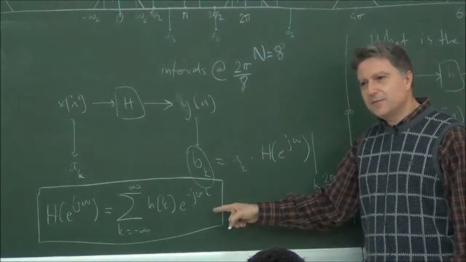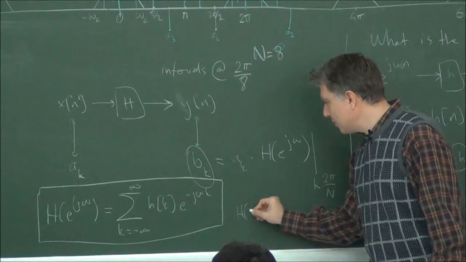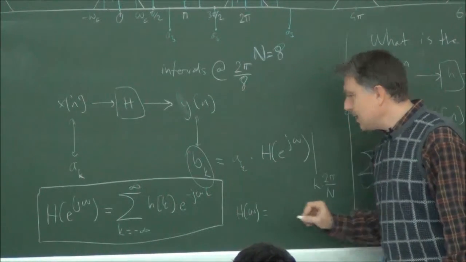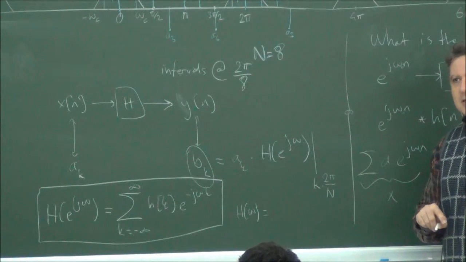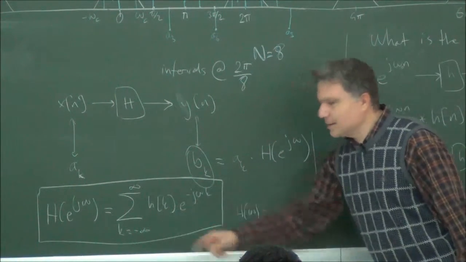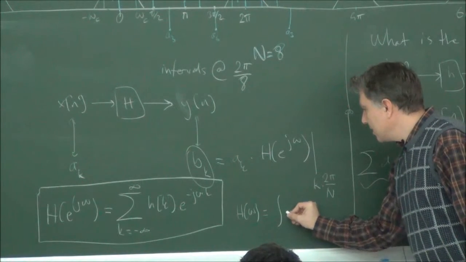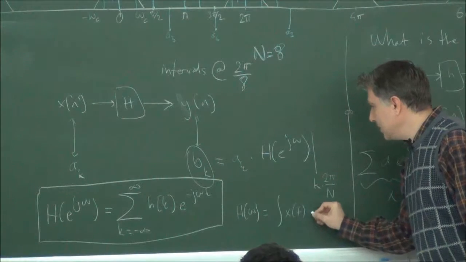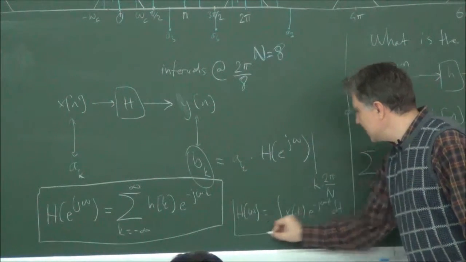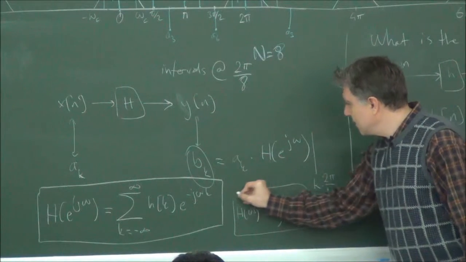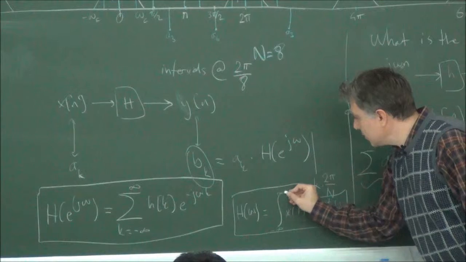We had a similar formula in continuous time. Do you remember the relation of H of omega in terms of the continuous time impulse response? Instead of the summation, there was an integral, and it was h of t e to the minus j omega t dt, from minus infinity to infinity, of course.